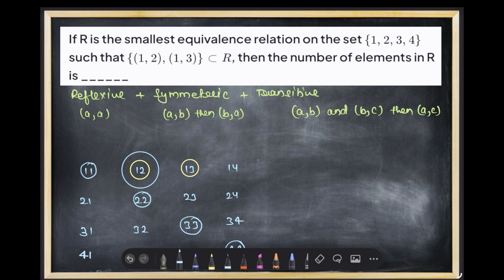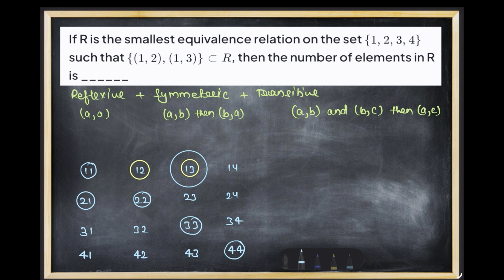If 1 comma 2 is there, to make it symmetric you should keep 2 comma 1. So you kept it. Now 1 comma 3. If you keep 1 comma 3, you should keep 3 comma 1 also. So done.